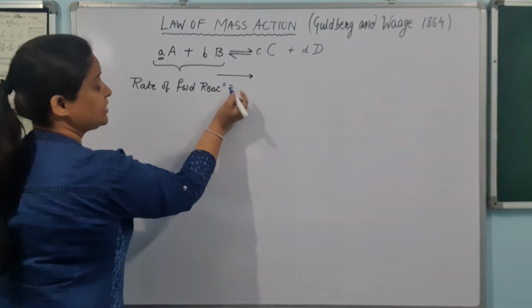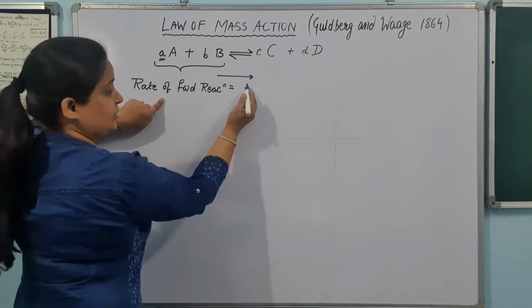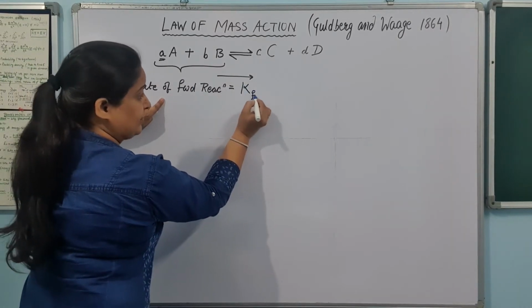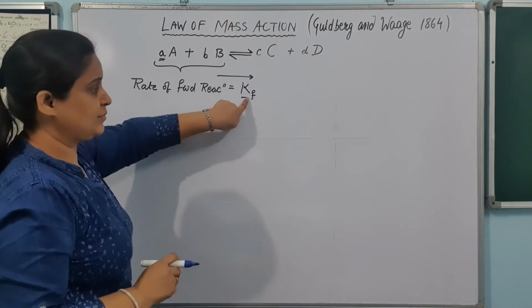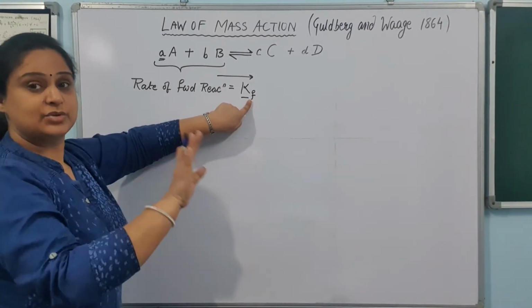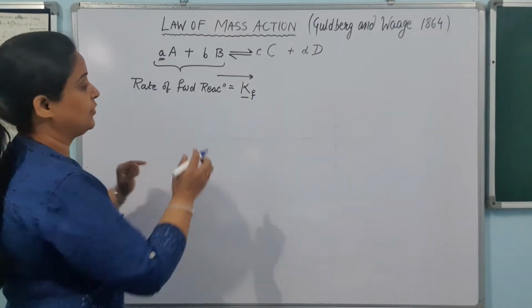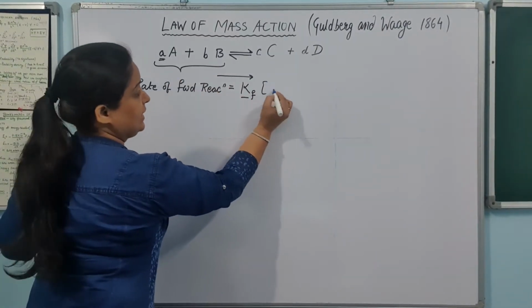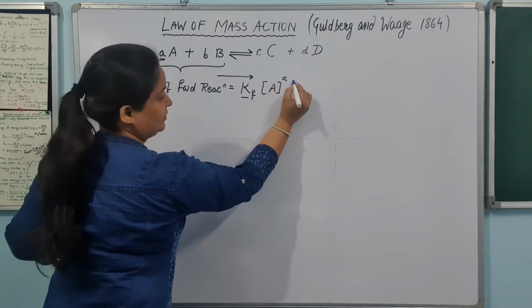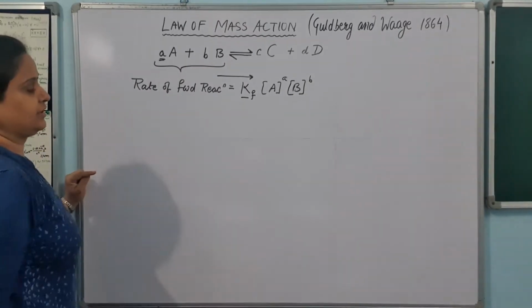For the forward reaction, according to law of mass action, rate of forward reaction will depend on Kf. यहाँ पे I am indicating here Kf because it is the coefficient for the forward reaction. So this K is the velocity constant for the forward reaction, and A raised to power a, product of B raised to power b for the forward reaction.